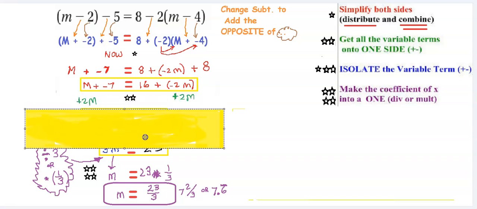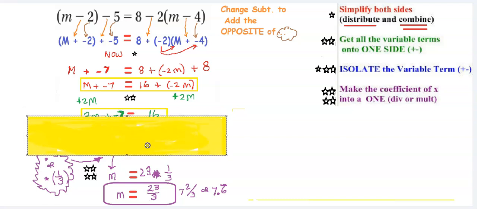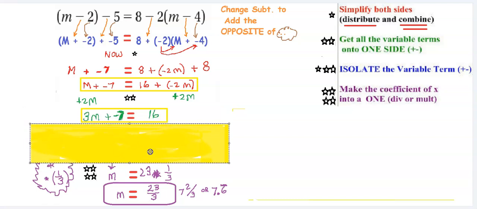So I add 2m to both sides. So I get 3m plus negative 7 equals plain 16. Notice I'm adding the same number to both sides. It's like a balance. It's like a teeter-totter.